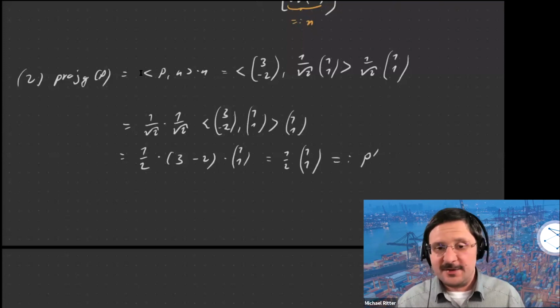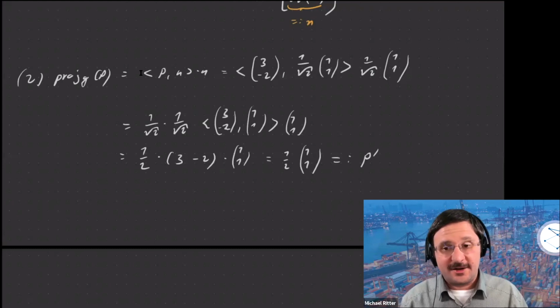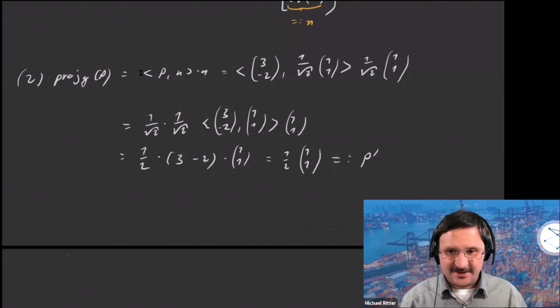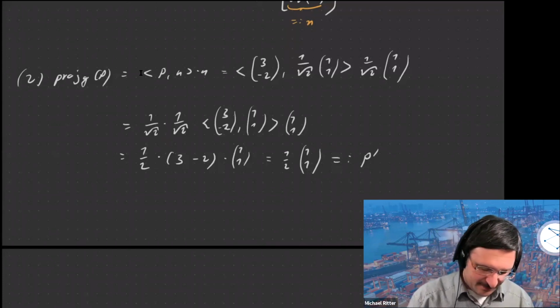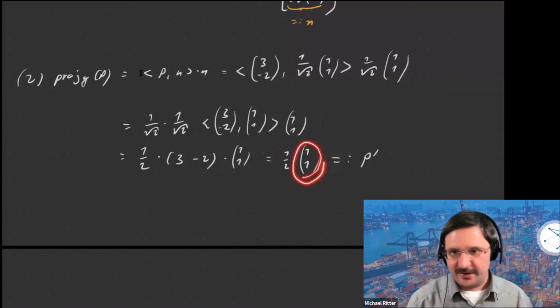And as can easily be seen, this is actually on the line G. You should verify this. If you project something onto a linear subspace, then of course the result should be inside of that linear subspace. And that's easily checked for a line in R2. The result must be a multiple of the original vector in this 1, 1 direction.